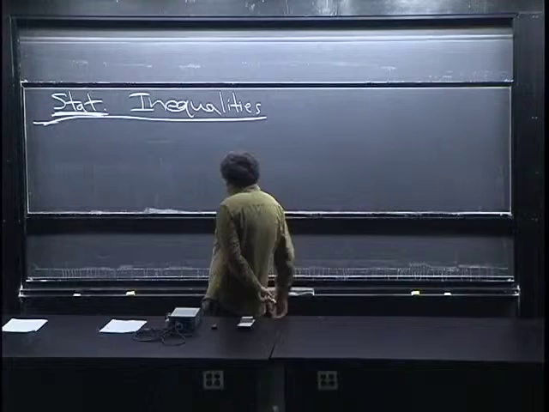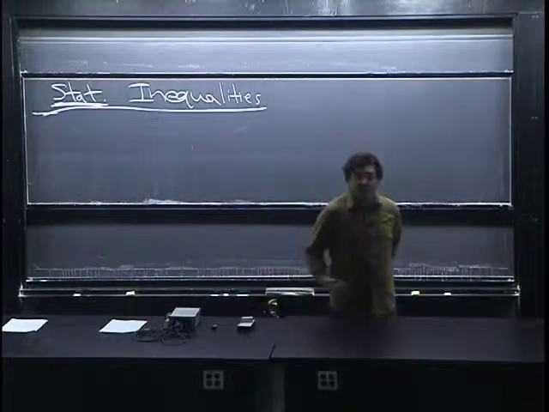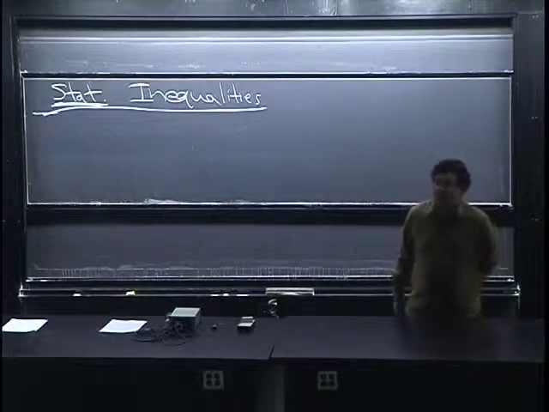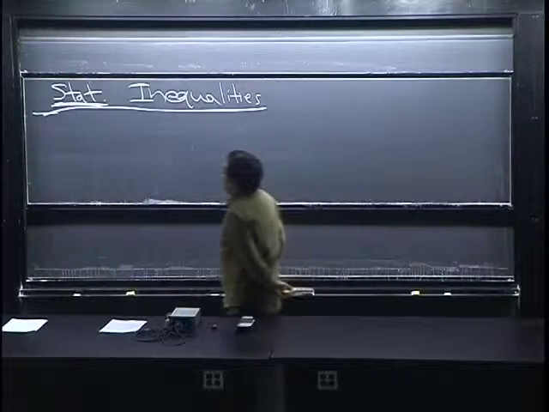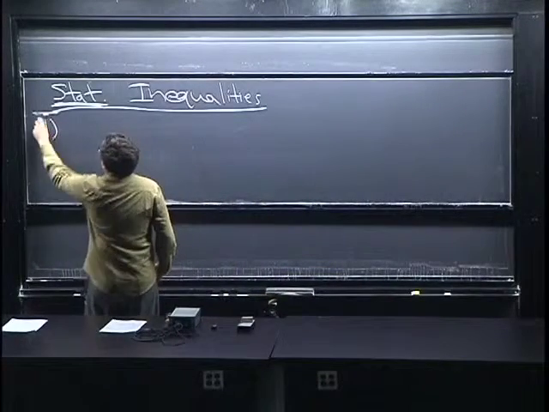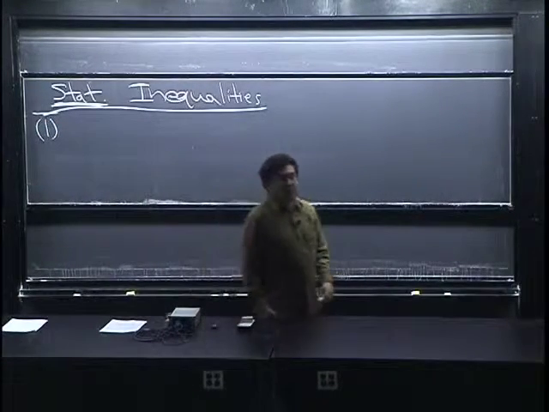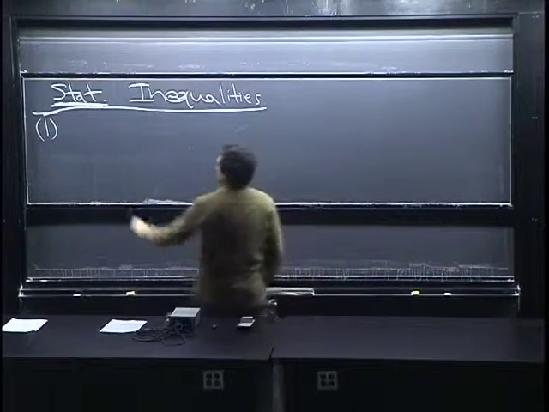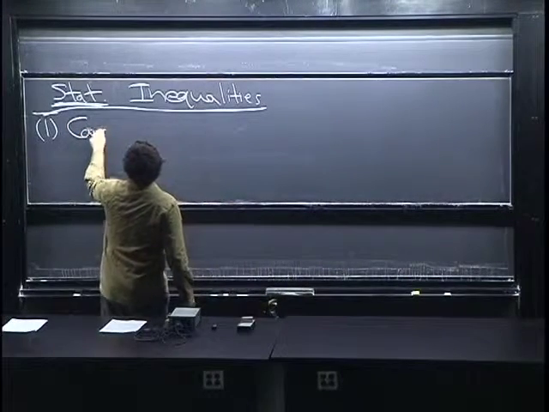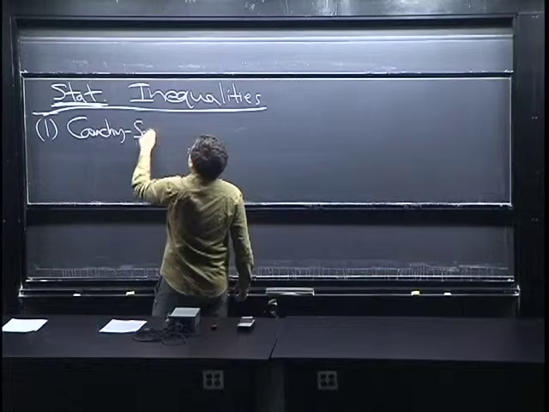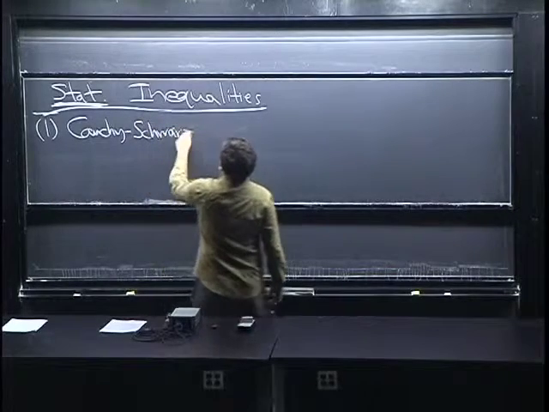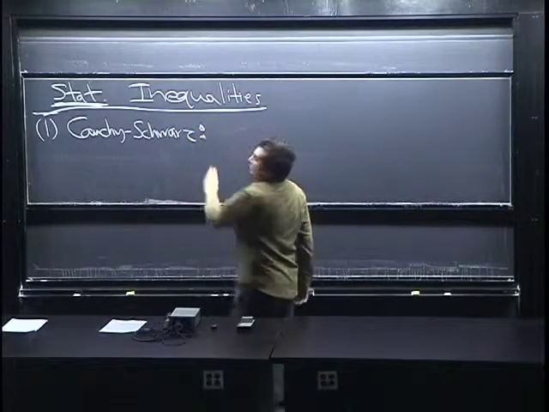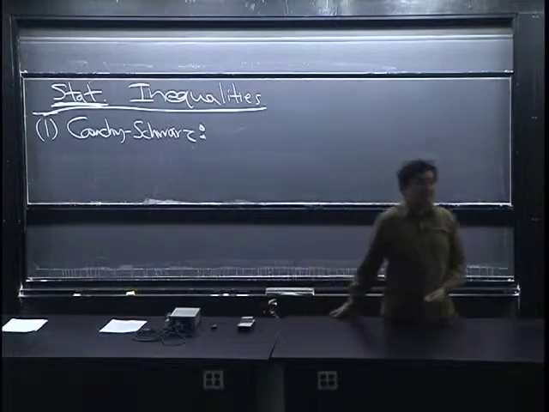All right, so we're going to talk about the four most important inequalities, arguably, in statistics. The first one we've already seen in some forms. That's Cauchy-Schwarz. So for random variables, a lot of you have seen Cauchy-Schwarz in a linear algebra or math class.